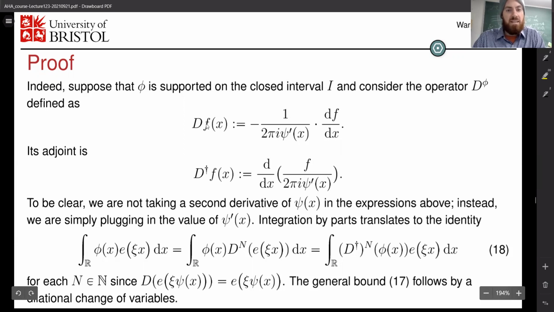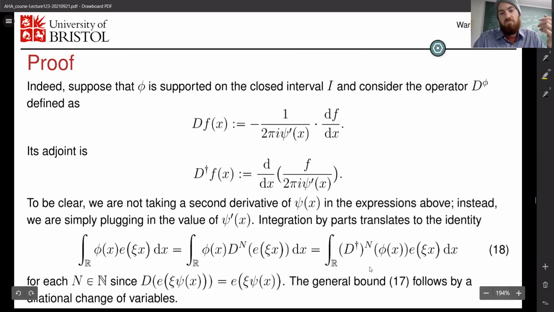You find out that when you apply this operator to e to the c psi of x, it acts as the identity, because it's normalizing by the factor that would get pulled out. And now you just move the adjoint version over to the Schwartz function.